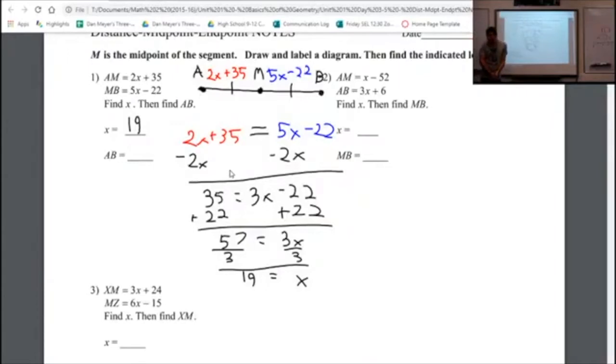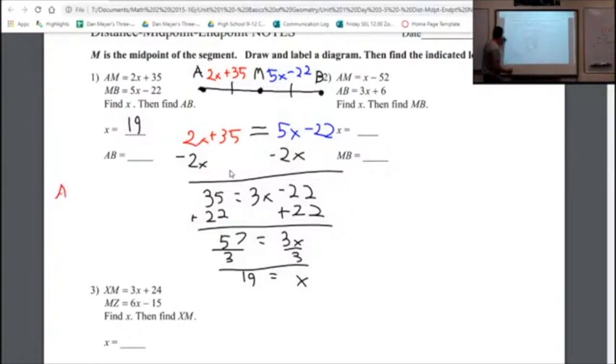Then, to find A to B, again, if you're not ready for that yet, you can pause and go back. To find A to B, what we want to do is remember last time we double-checked our answers to make sure they were working out the way we thought they would? So we're going to use that to figure out what A to B has to be.